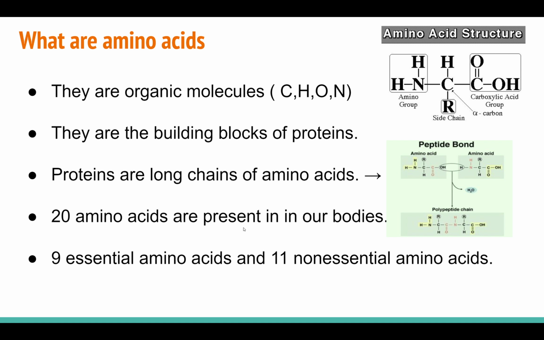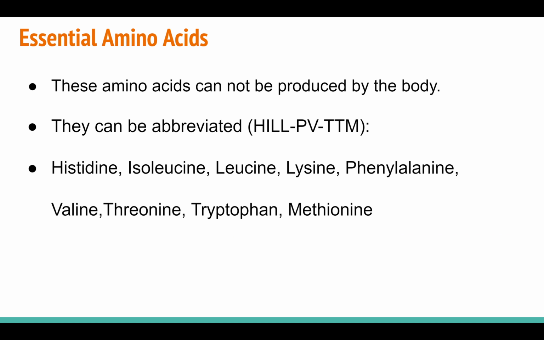And out of these 20 amino acids, 9 of them are called essential amino acids, and the remaining 11 are called the non-essential amino acids. So essential amino acids simply refers to those amino acids that our bodies are unable to synthesize.